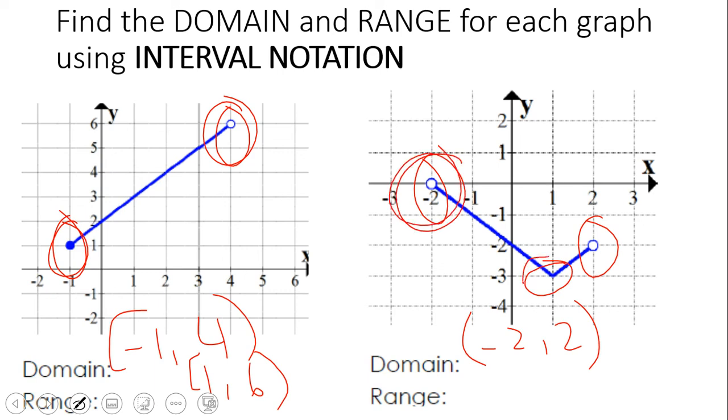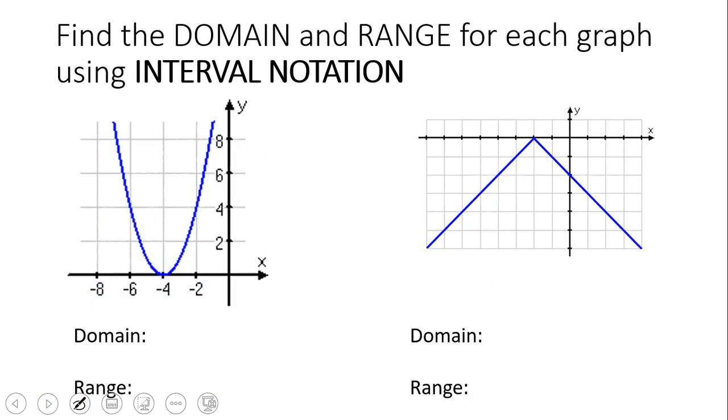So the lowest y value is -3. Since it actually touches that, you're going to use a bracket. The highest y value is on the x-axis. That's 0. Because of the fact that it's an open circle, you're going to use a parentheses.